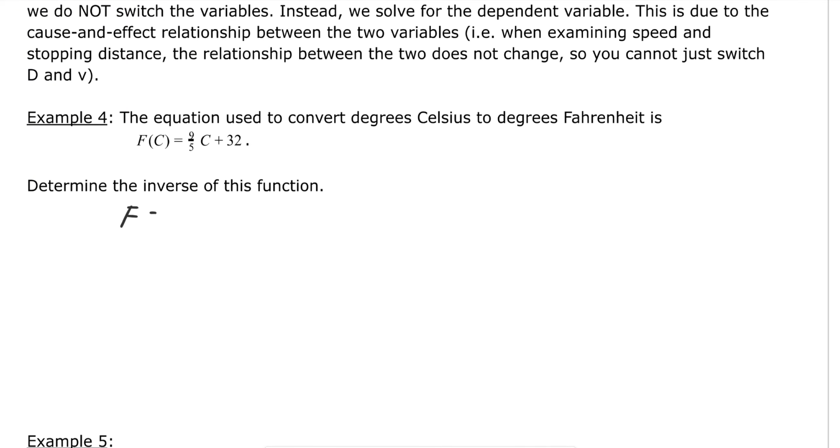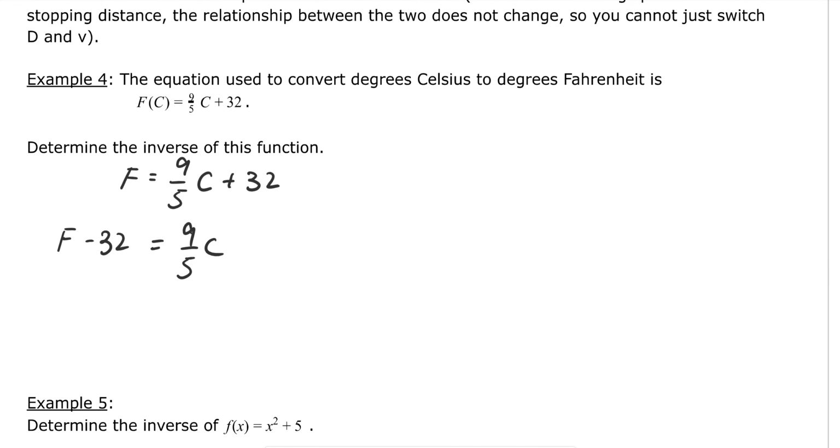So Fahrenheit equals 9 over 5 C plus 32. Isolate for C. So if I subtract 32 from both sides, F minus 32 equals 9 over 5 C. And if I multiply both sides by 5 over 9, I'm going to get 5 over 9 (F minus 32) equals C. So if I want to convert from Fahrenheit to Celsius, this is the formula that I will use.